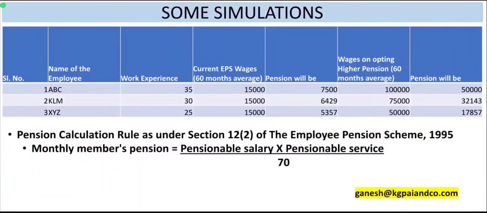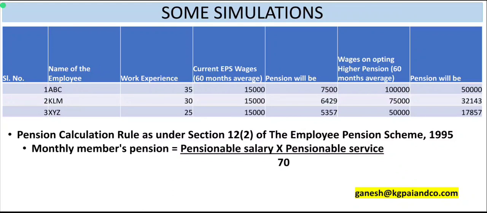Here are the simulations. I hope you know the pension calculation rule. The pension calculation rule is given under section 12(2) of the Employee Pension Scheme 1995, and as per the rule, the member's monthly pension is equal to pensionable salary times pensionable service divided by 70.